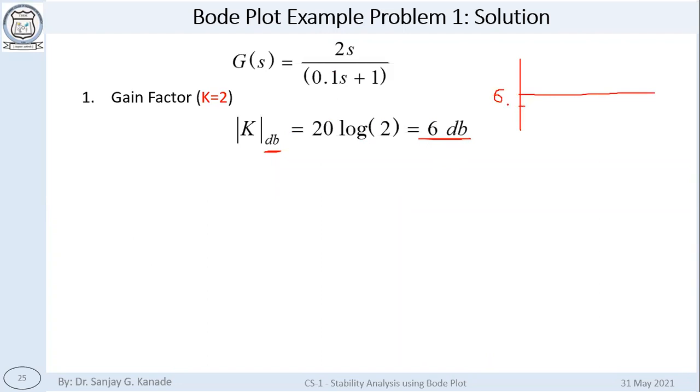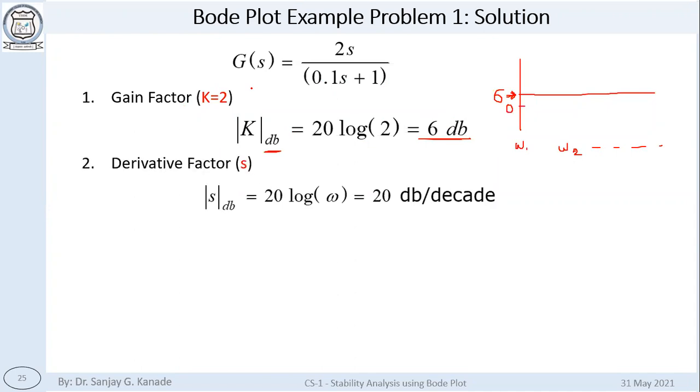If this is 0 dB and this is 6 dB, then this is the straight line, meaning whatever the value of frequency is, omega 1, 2, 3, the gain is going to be fixed. Gain is not going to change. So this is that 6 dB line, which will be the contribution of gain factor k equal to 2.